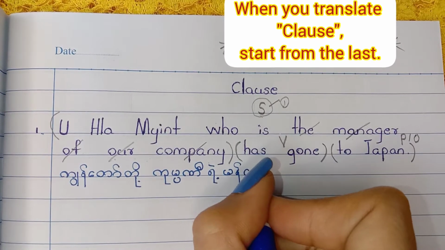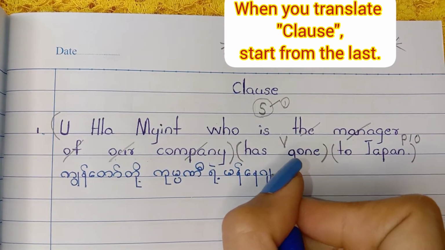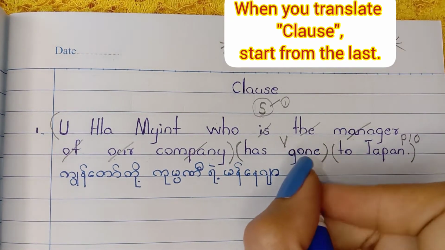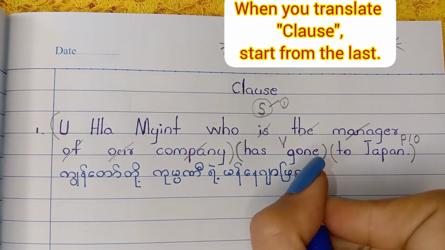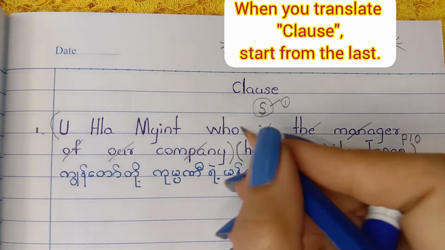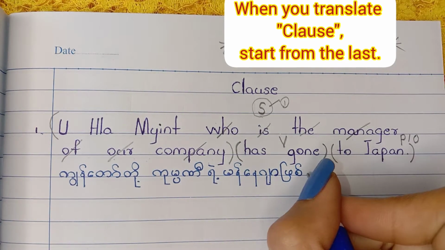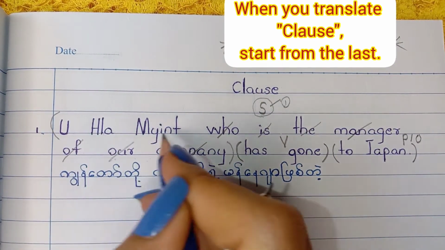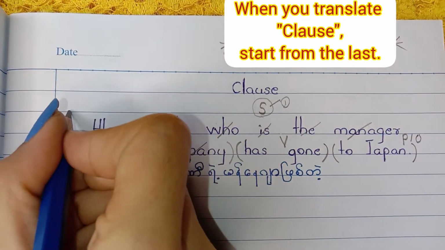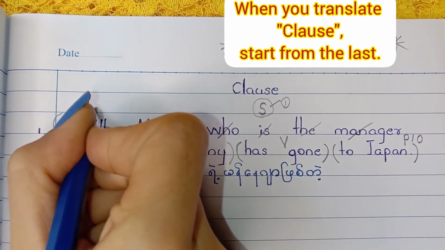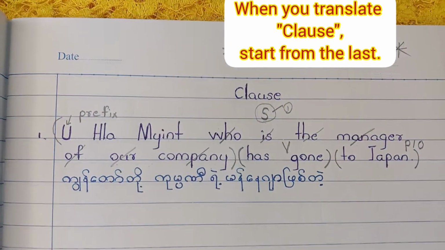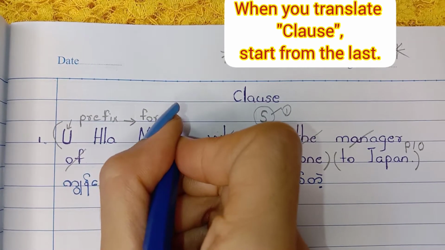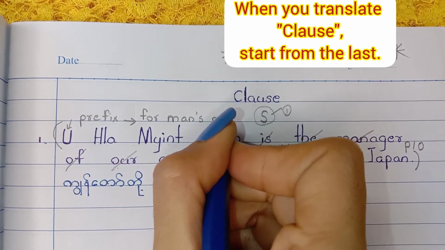And then is ဖြစ်, and then who is တဲ့. And ဦးလှမြင့်: in here, ဦး means prefix for a man's name.